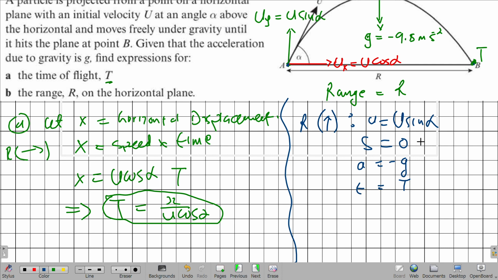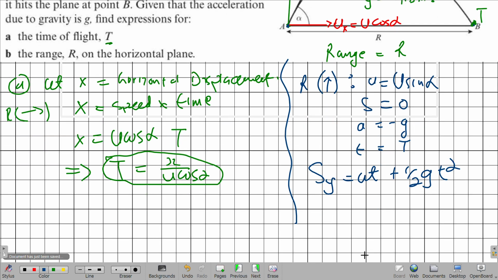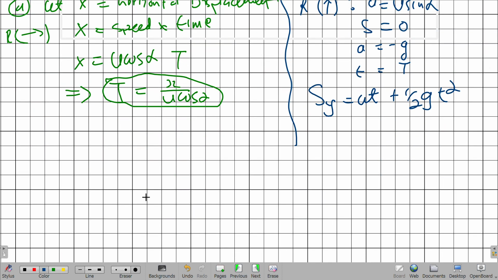The equation that we can use here is s_y = ut + half gt squared. This will give you s, which is equal to 0, u, which is equal to u sine alpha in brackets, with a big T, plus half g big T squared.